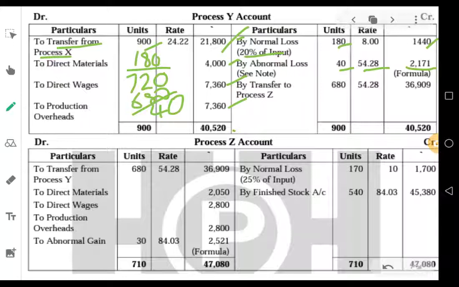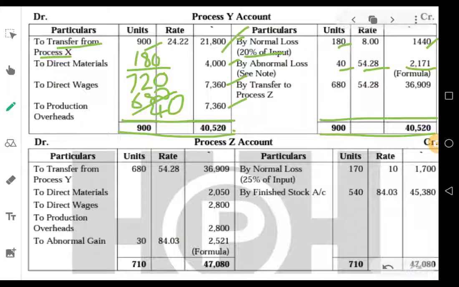After entering abnormal loss, just balance the account. Total it on the debit side, you have 900 units, and in the amount column you have 40,520. Come to the credit side, enter the same number of units, that is 900, and amount 40,520. Just balance the account.